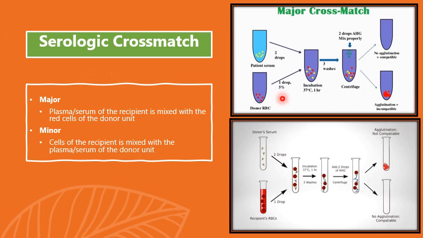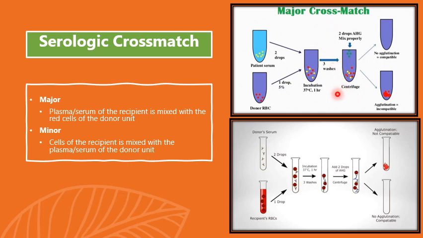So for the procedure in major cross-match, again, patient plasma or serum is mixed with the donor RBC. So 1 drop of donor's RBC, 2 drops of plasma. They are incubated at 37 degrees Celsius and then washed.